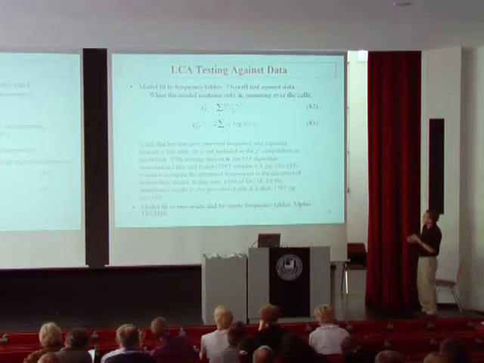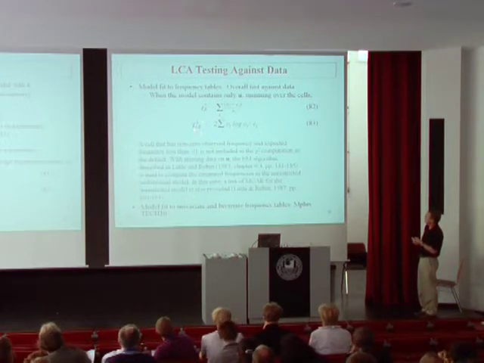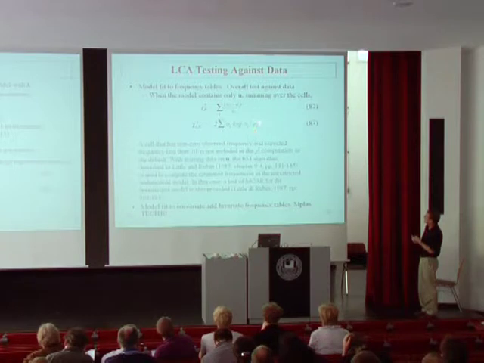Now there's an alternative chi-square, LR for likelihood ratio. Both of them are chi-square, but LR comes from maximum likelihood theory, and it looks at the relationship between O and E through this equation, rather than through this equation.